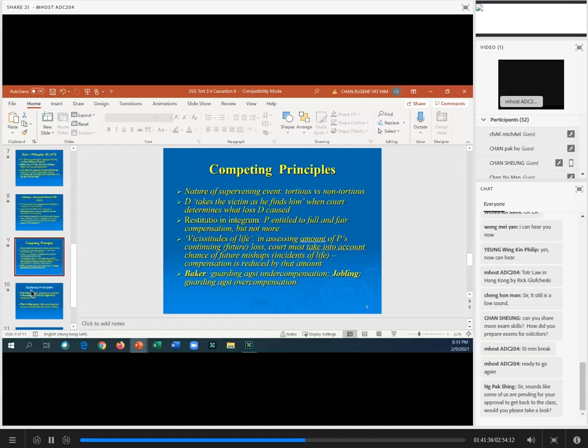But when assessing the amount of the plaintiff's loss, the court will look at various ways of calculating how much damages the plaintiff should receive. And in the next set of PowerPoints on remoteness of damage, I'm going to give you some indications of how the court quantifies damages. Again, should know, but not must know.